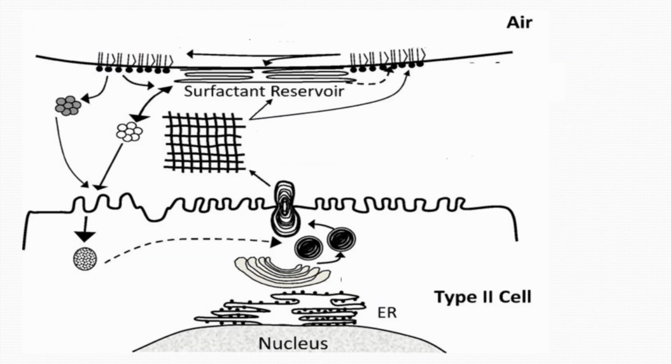So, let us discuss the mechanism of secretion of surfactant. Basically, as I told you, it is formed in the type 2 pneumocyte in the endoplasmic reticulum, and then it is processed in the Golgi apparatus, as you can see here. Then membrane bound organelles are secreted from the Golgi apparatus.